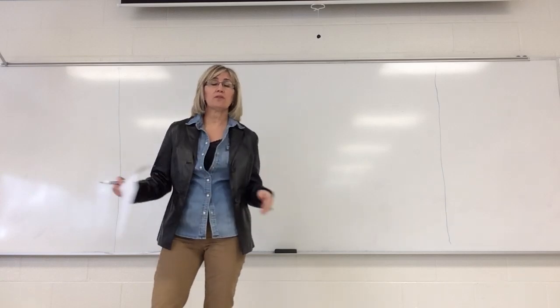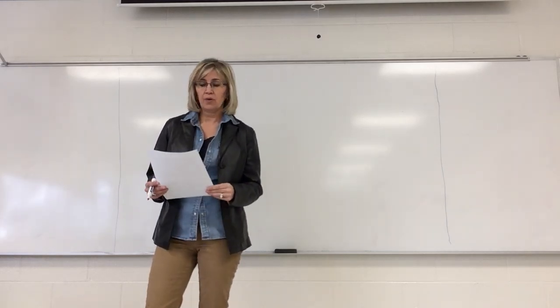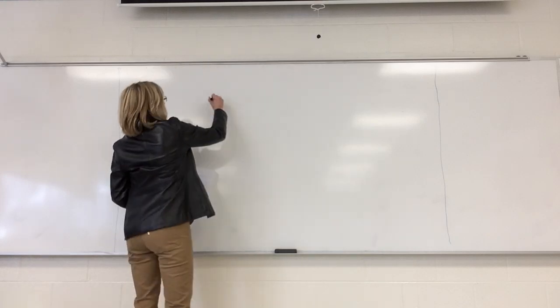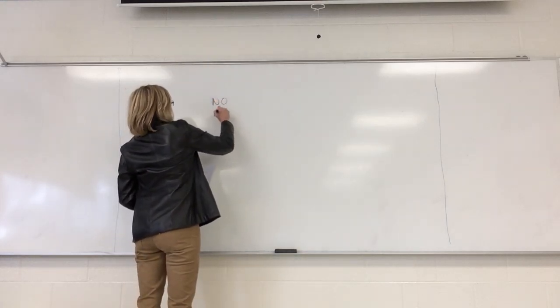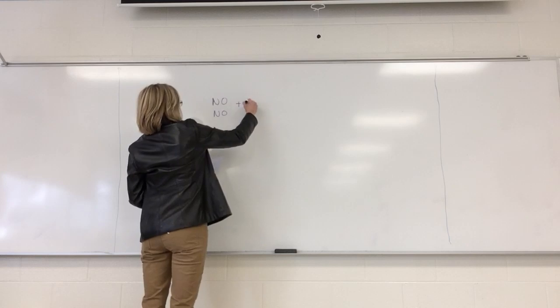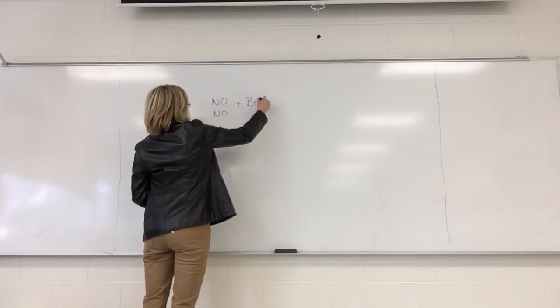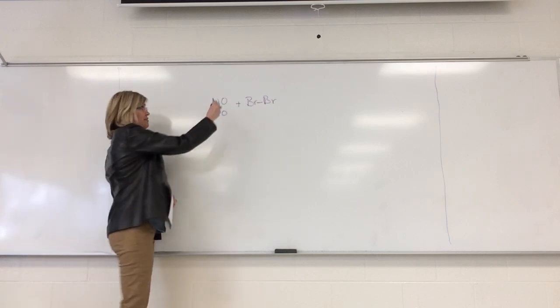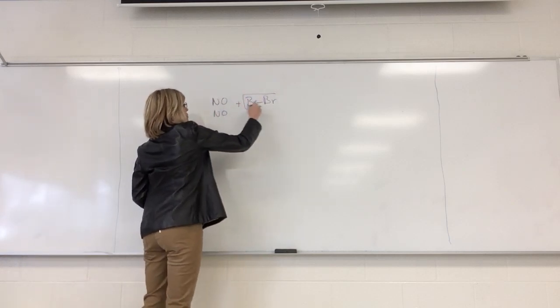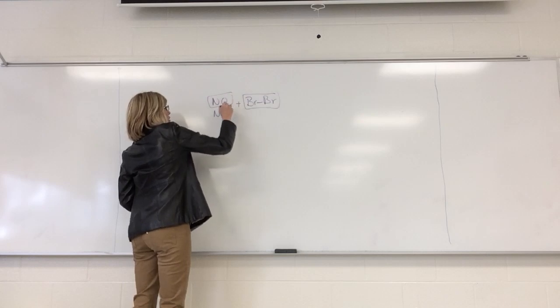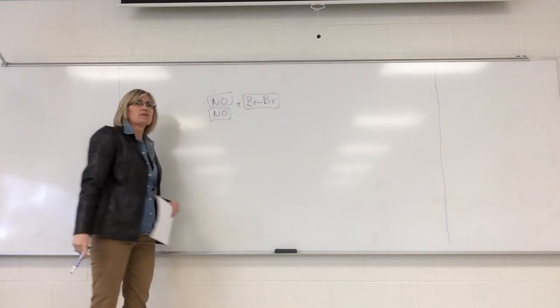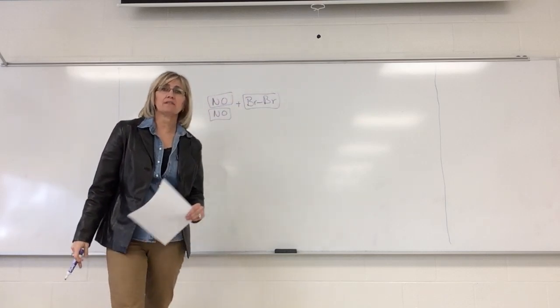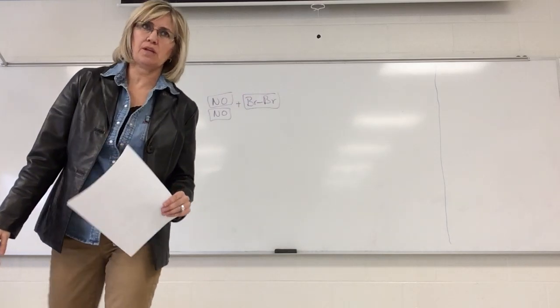Okay, we always look at the reactants. So in A, we have 2 NOs reacting with 1 bromine, right? So we have to have 3 molecules. See that? We have to have 3 molecules react in this particular elementary step.